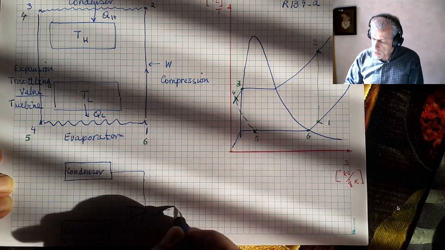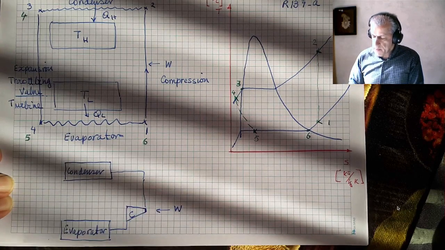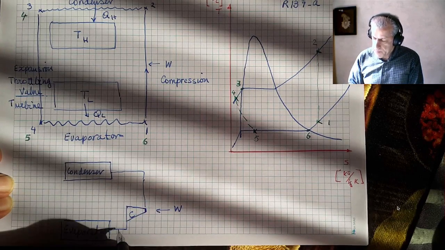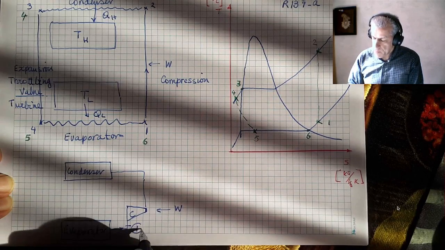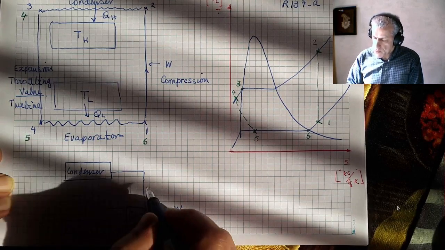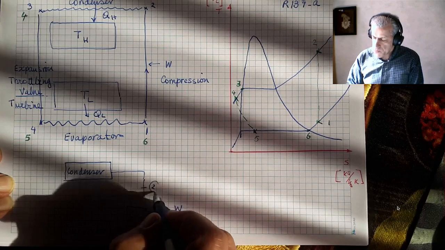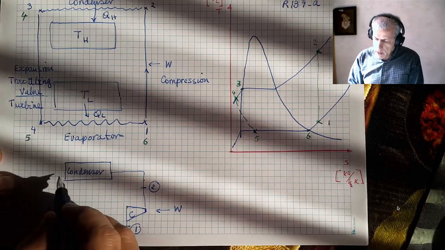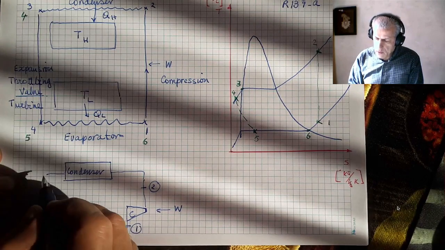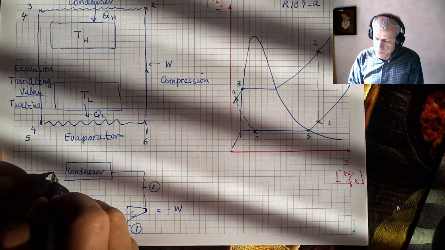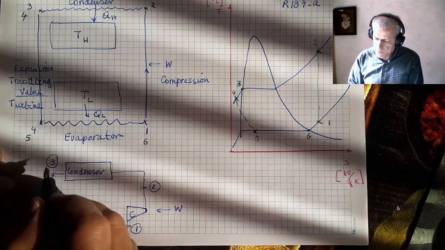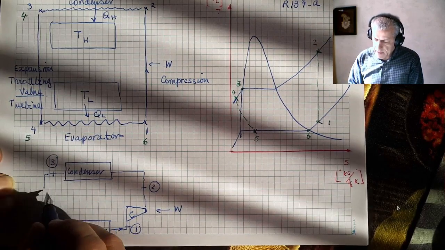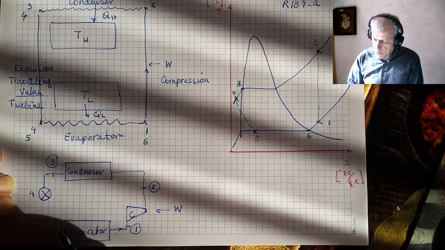We do work in the compressor. This would be point 1. This would be point 2, just like this one here. Here would be point 3. There is an expansion valve, which is point 4.